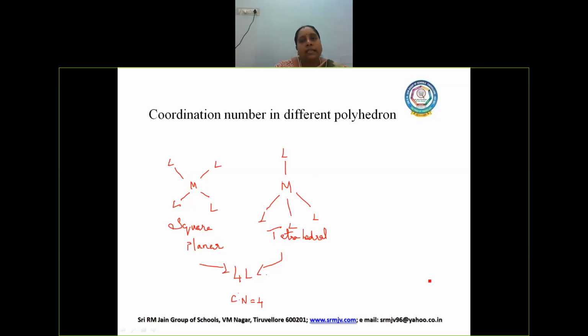And then the third type of complex is where the metal atom is bonded with 6 ligands directly, and outside the sphere some anions will also be present. In such a case, this complex is called octahedral.